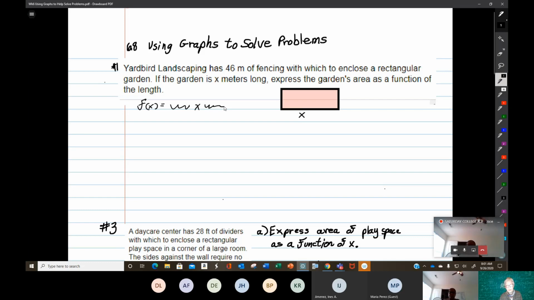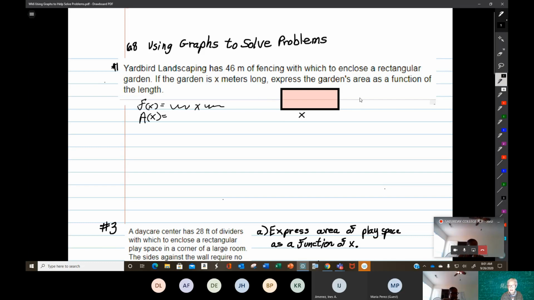Now, since it's area we're talking about, we're going to call it A of X. And what that means is that we need to have A of X equals something with X's in it, and that something has to express what area equals.